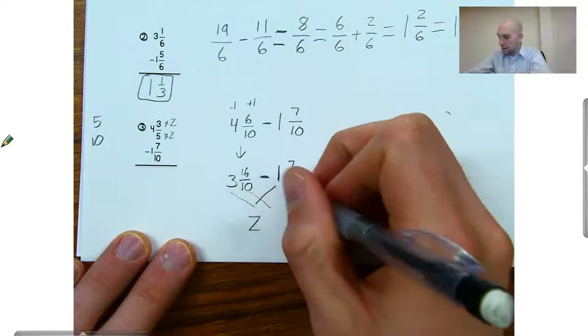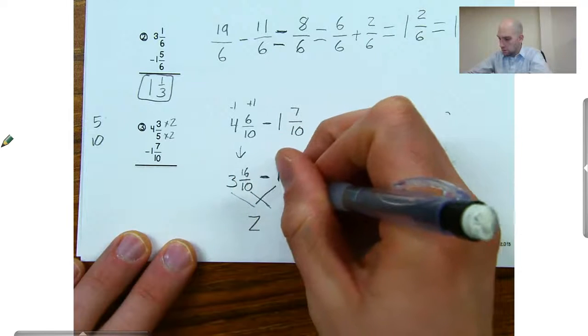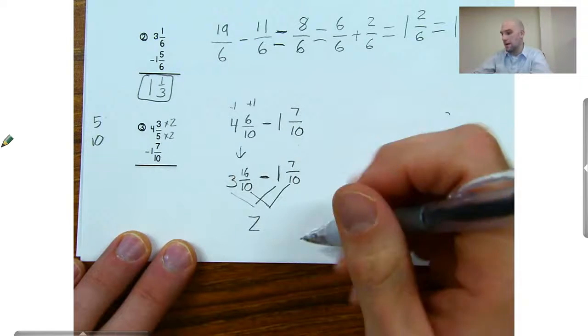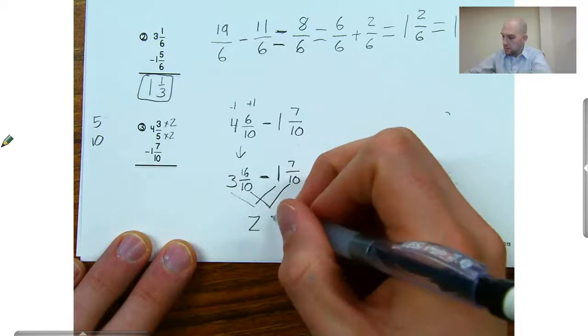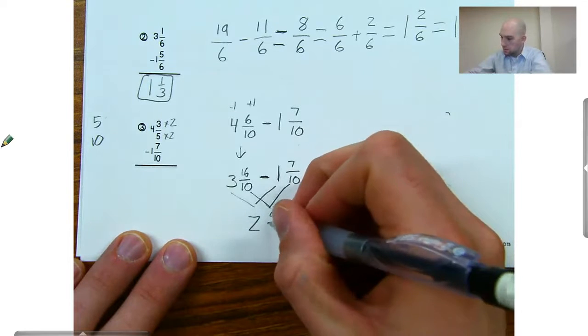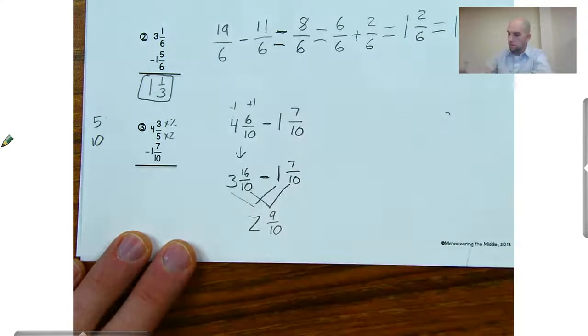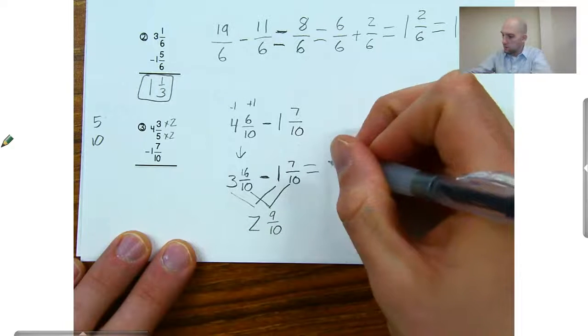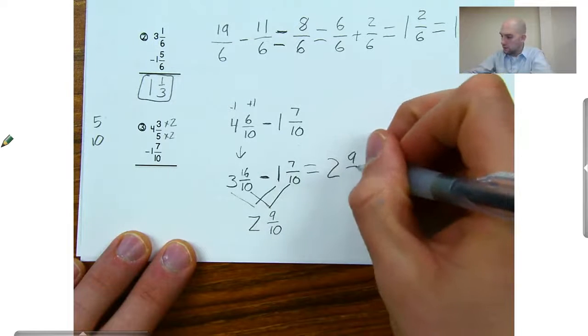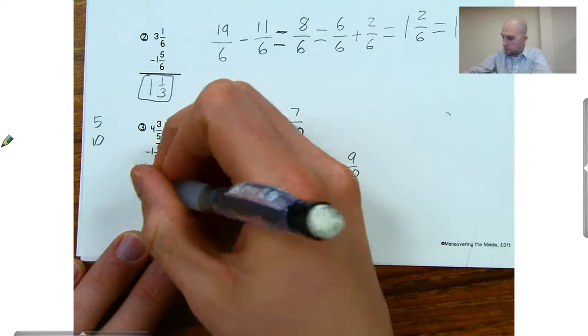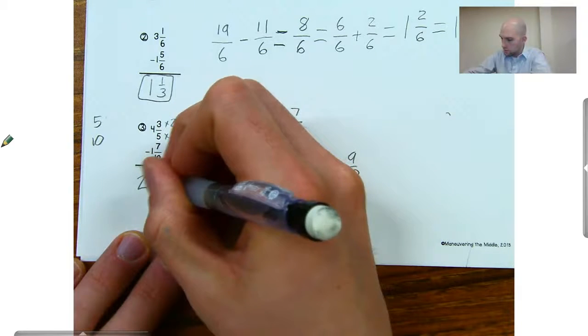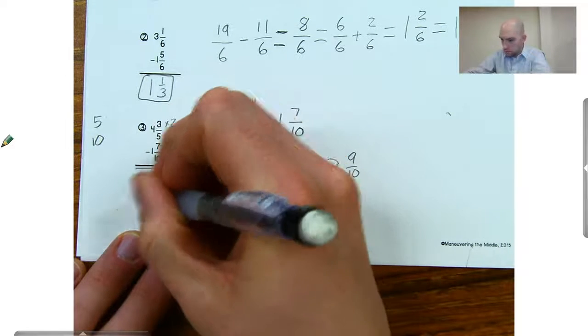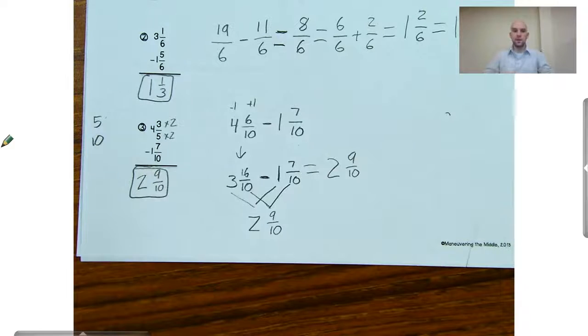Then I'm going to subtract my fractions. 16 minus 7 is 9/10. So I'll get 2 and 9/10. I'll write that right over here. So that one we had to find a common denominator on.